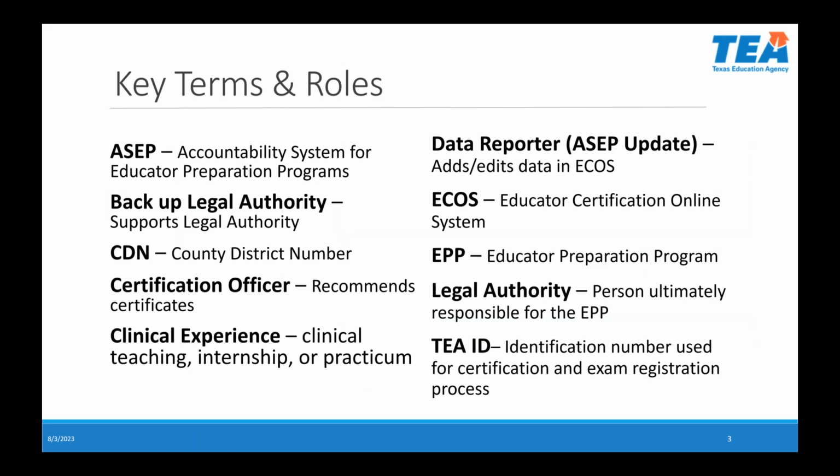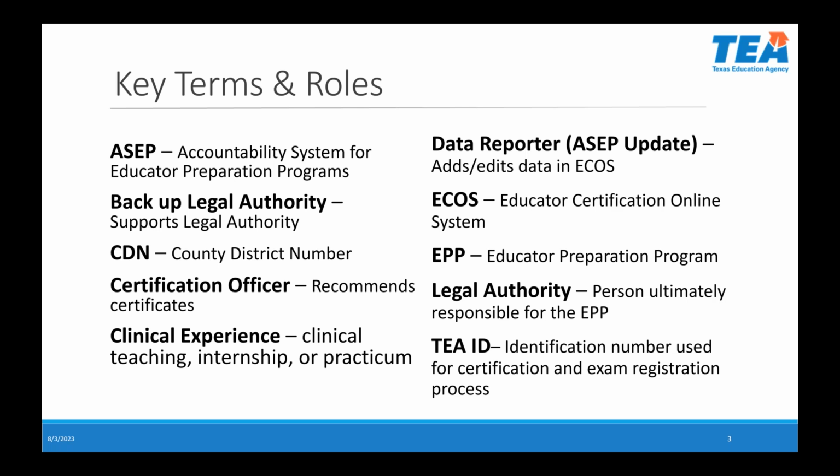Let's review some relevant terms that I'll be referencing in this webinar. First, as we all know, EPP is the Educator Preparation Program, which you are here representing today. The CDN is the unique 6-digit county district number that is assigned to each EPP. Every program, certificate, and class the EPP offers is under the same CDN.